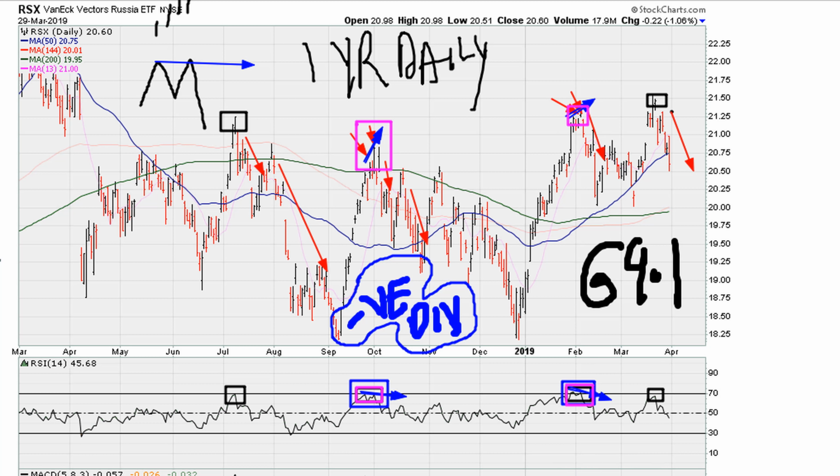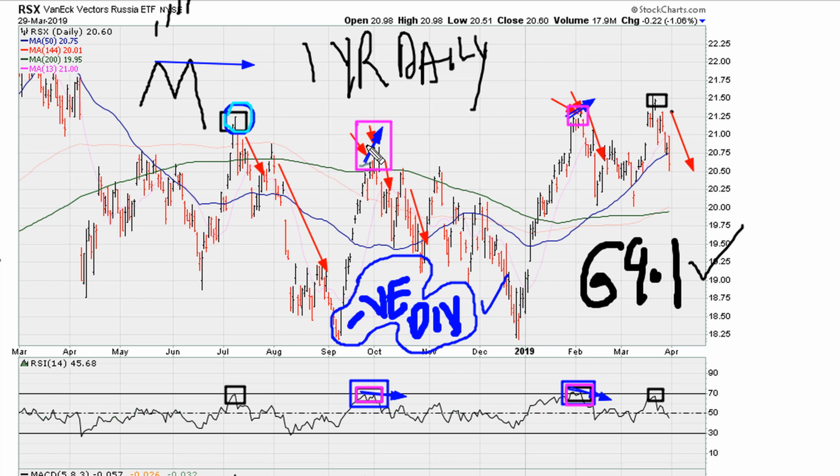So you can use this understanding of the 69.1 level, combine that with your negative divergence understanding, and we can see that understanding all those areas would have given us an indication that this was a potential reversal area.